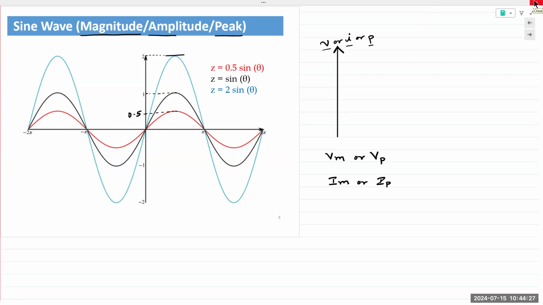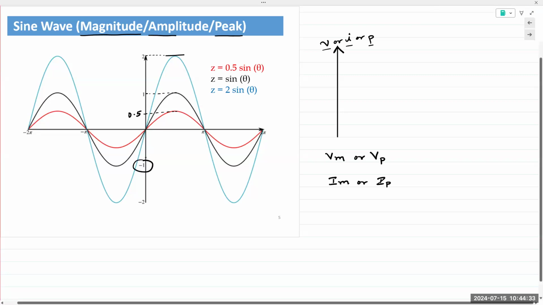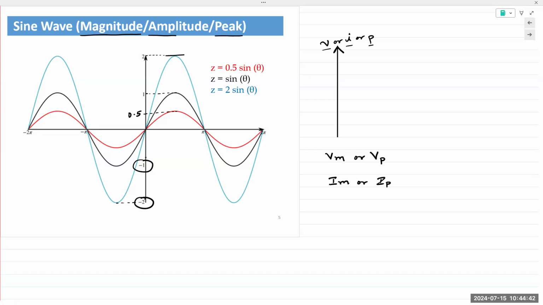Okay, so Vm is describing the peak. What do you notice? It's only describing one peak, not both.